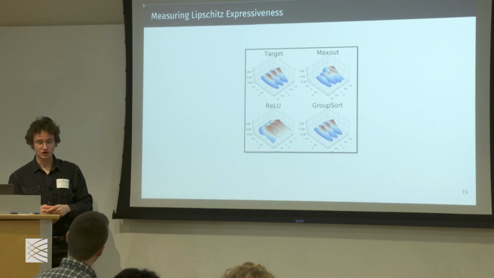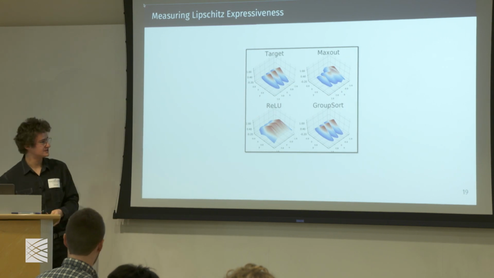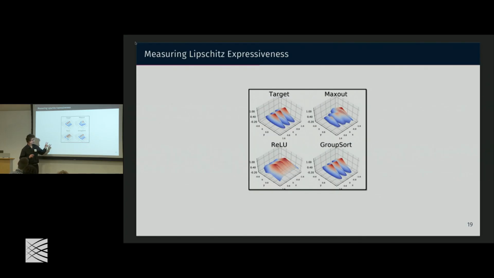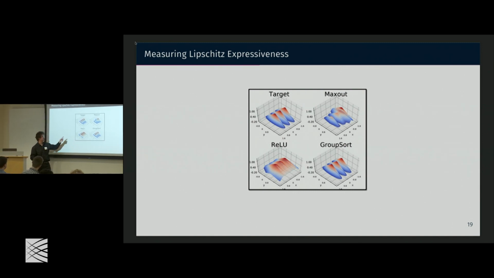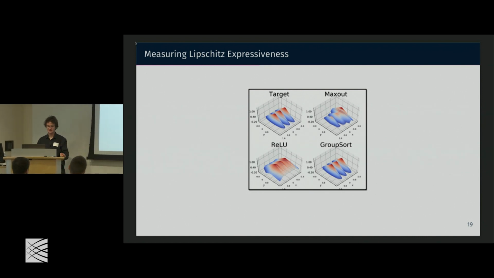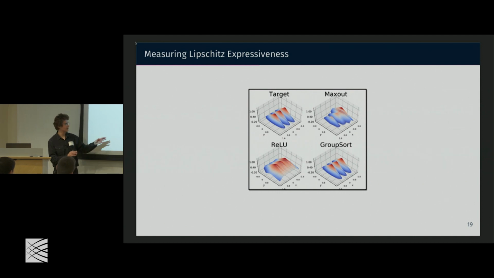So when we train norm-preserving and non-norm-preserving architectures, we see that the group sort architecture is able to almost perfectly approximate the target, where other activations like maxout and ReLU cannot get close. By the way, I forgot to mention that all the estimates of Wasserstein distance are lower bounds, so the higher is better. And in this case, we see that the estimates we get with group sort are almost exactly the same as the correct one, but the ReLU and maxout ones fall short.